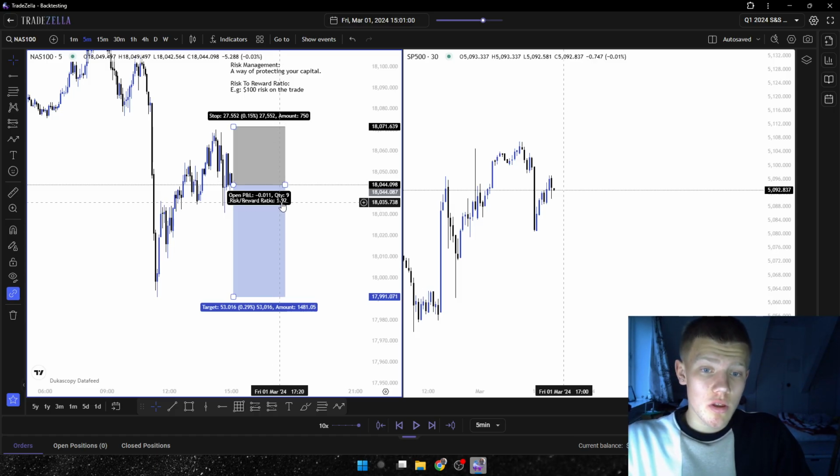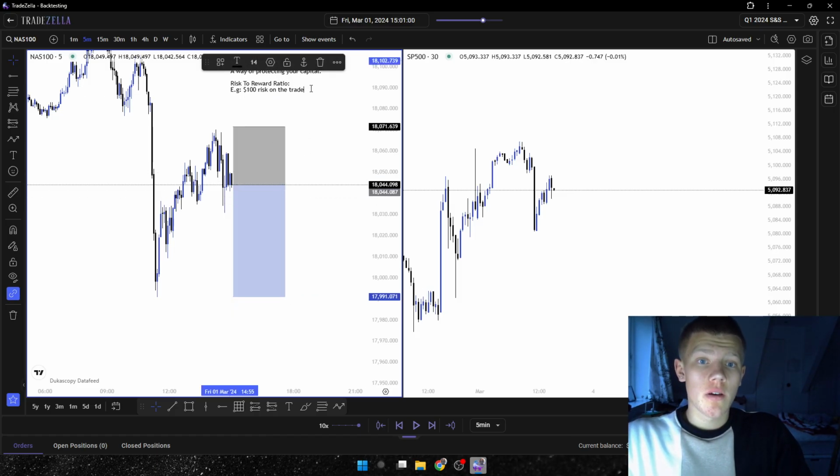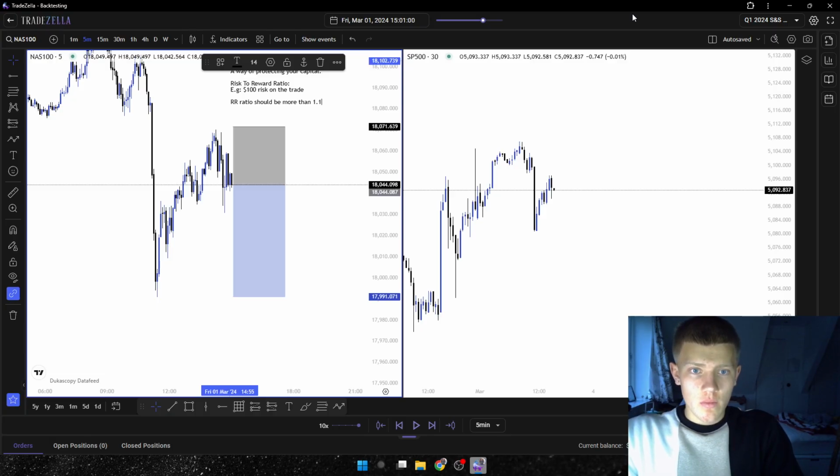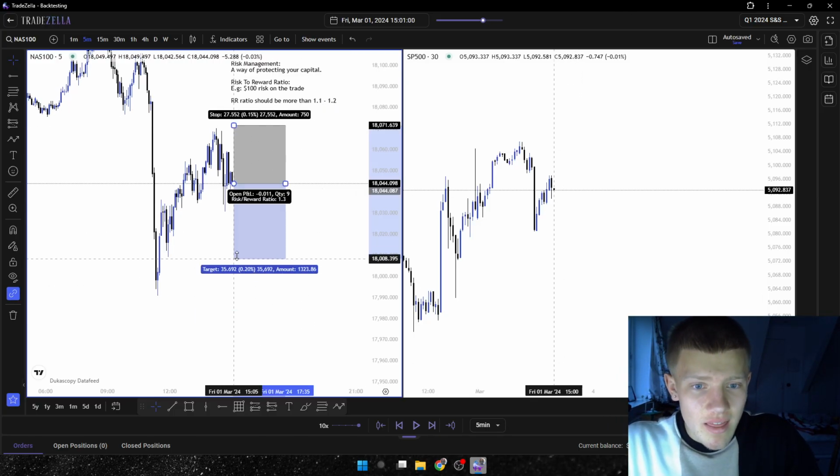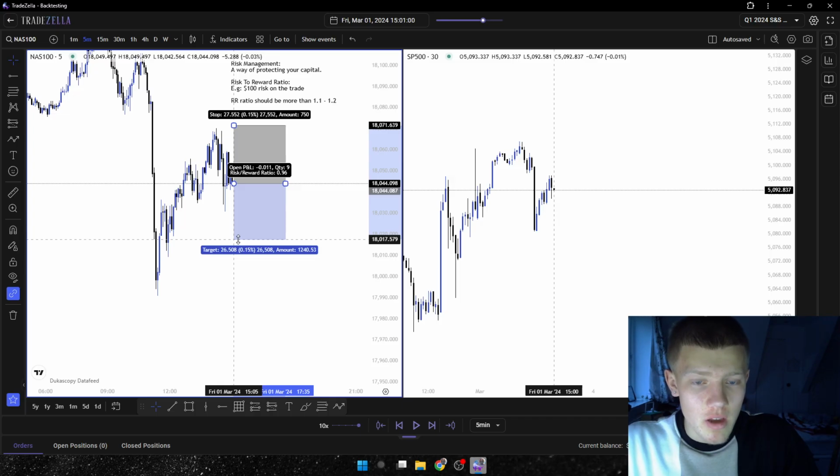Make sure this risk to reward ratio should be more than 1 to 1, 1 to 2, kind of. So if it's underneath 1 to 1 or 1 to 2, that means that you're risking more than you're going to make on the trade.